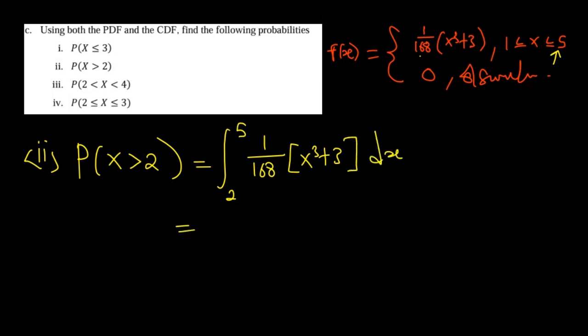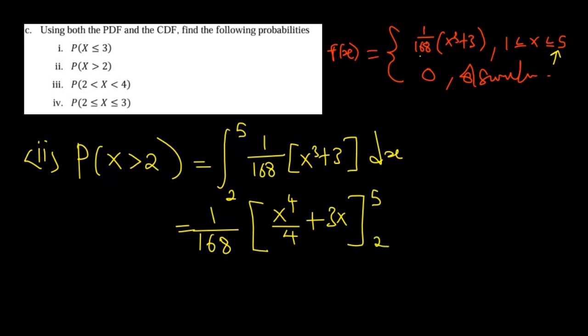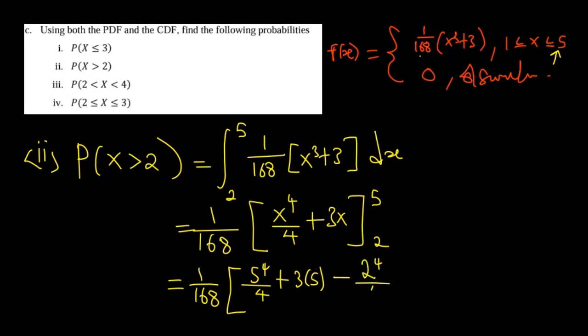So from here I'll just get 1 over 168, and then I integrate this to be x to the power 4 over 4 plus 3x, evaluated from 2 to 5. So this will be 1 over 168, and then 5 to the power 4 over 4 plus 3 multiplied by 5, minus, now I start putting the 2, 2 to the power 4 over 4 plus 3 multiplied by 2.